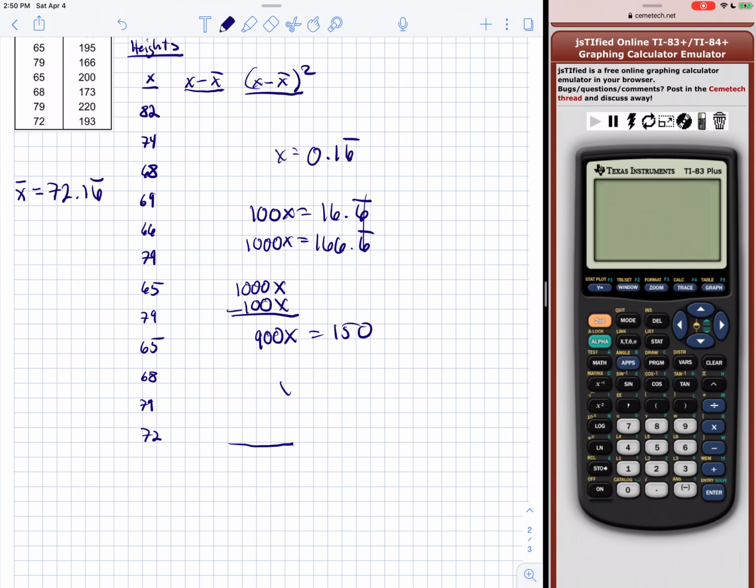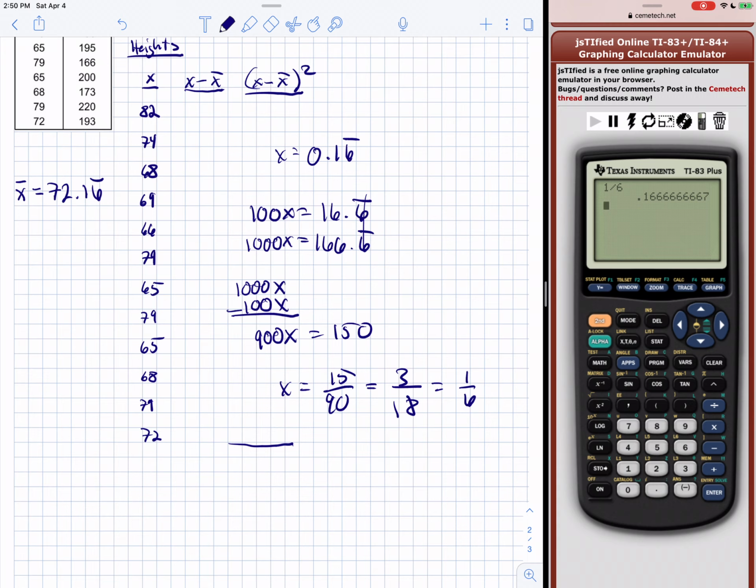So then ultimately x is going to be 15 over 90, 3 over 18, which is 1 over 6. That makes sense, right? So now, what I was doing there was just converting the 0.16 bar to a fraction because I just wanted to use that fraction. All right, so there it is there.